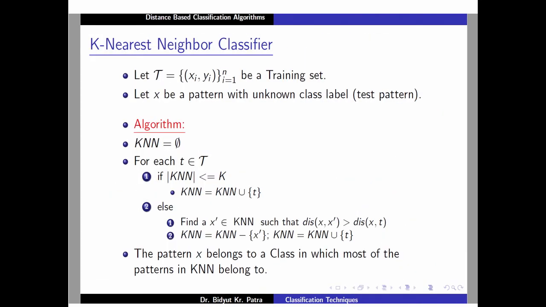So, about 10 years down the line, instead of one nearest neighbor, the idea of checking the k nearest neighbors was invented. Therefore, the algorithm is the k nearest neighbor classifier.